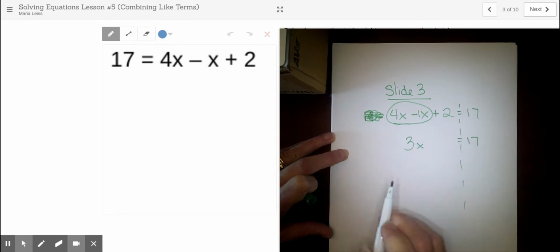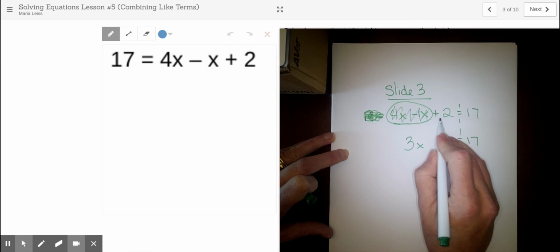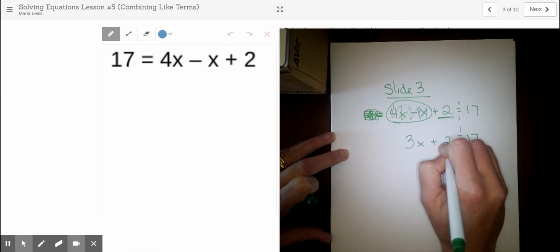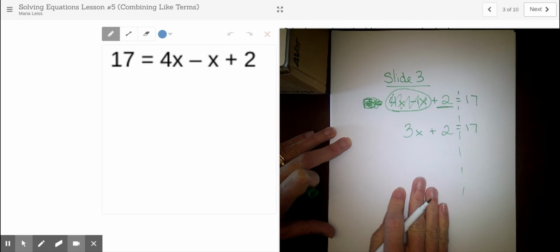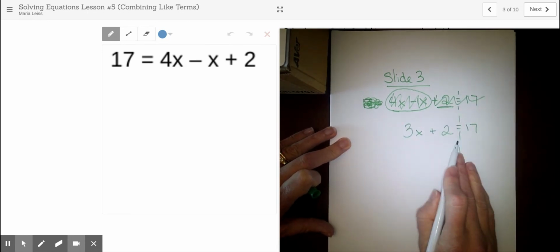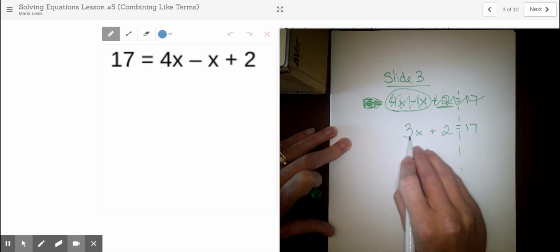That becomes 3x. Those are gone. I'm still left with this plus 2. There's no other numbers, so I'm going to bring that plus 2 down. That equation has now turned into this two-step equation. Much simpler to look at, much simpler to solve. No more x's except right here.